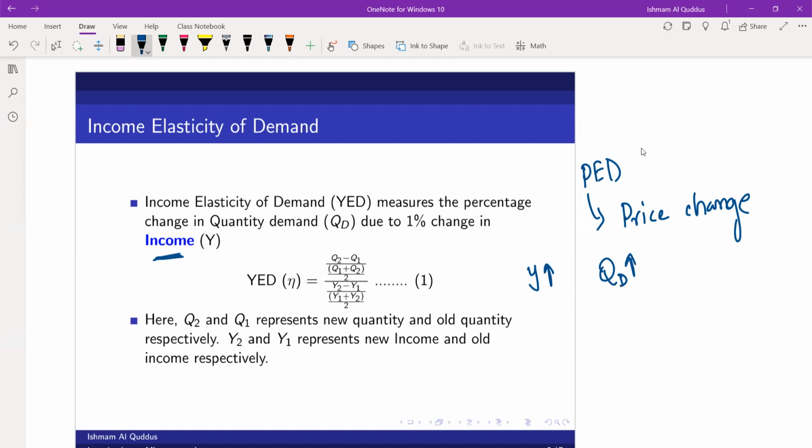So the way we calculate YED, which we also denote by eta, but you can use YED, we follow the midpoint method, just like we did in the calculation of PED.